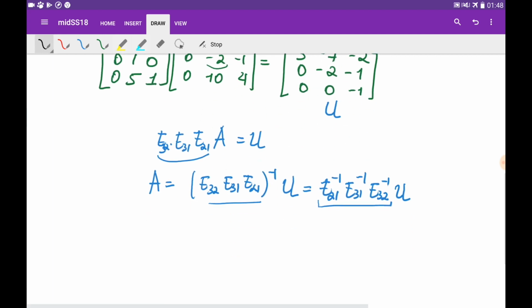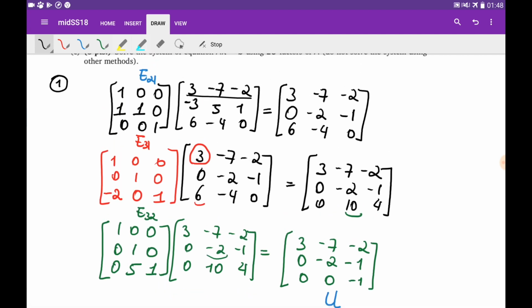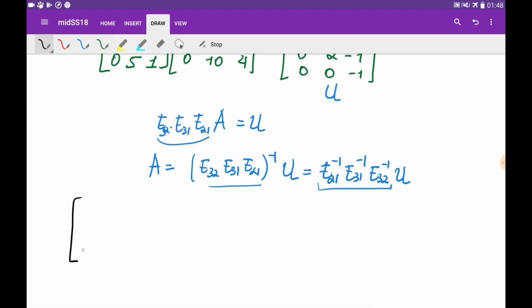Fortunately, finding the inverse of the elimination matrices is easy. We just need to change the sign of the element which is below the diagonal. So the inverse of the E21, in this case, is going to be 1, 0, 0, minus 1, 1, 0, 0, 0, 1.